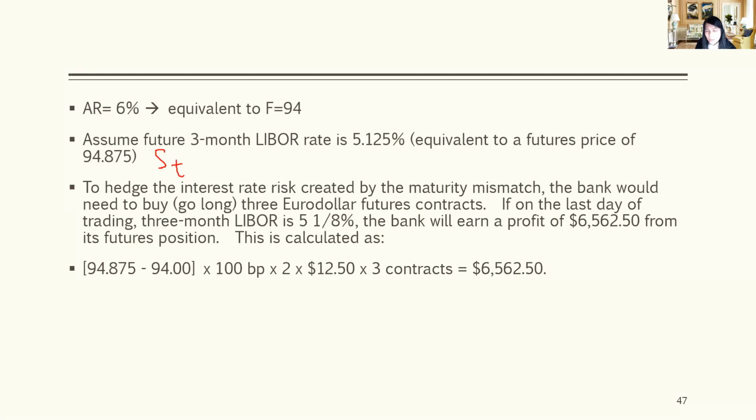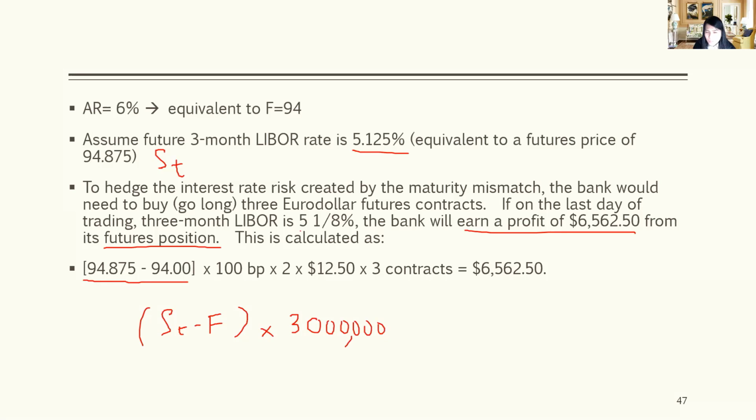To compute the payoff of these futures, when the interest rate drops to 5.125%, the futures contract is going to make a profit, and the profit is computed as follows. ST minus F for the futures payoff, times the contract size. In this case, we have 3 million, so I'm going to multiply it by 3 million.